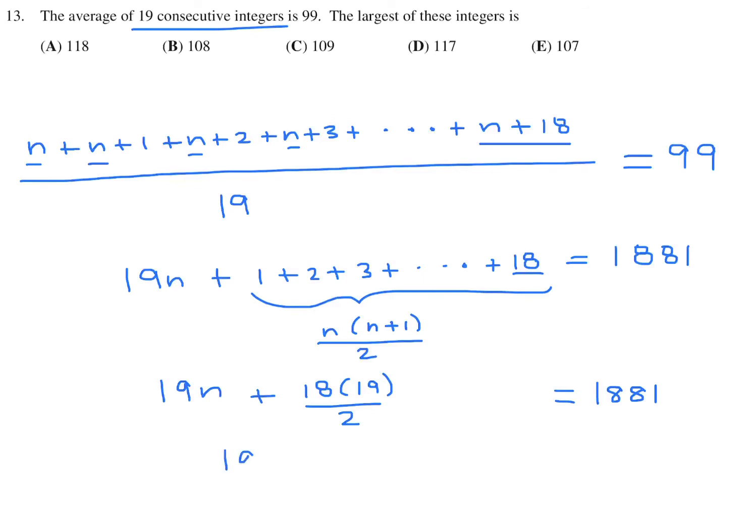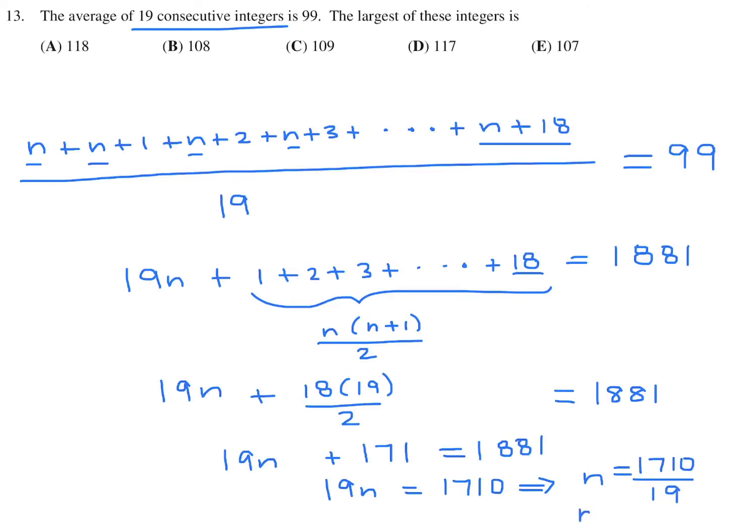So this looks like 19n plus 171 is 1881, and therefore we have 19n is equal to 1710, and 19n being 1710, that means n is equal to 1710 divided by 19, and therefore n is equal to 90.